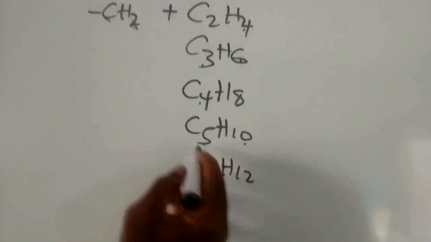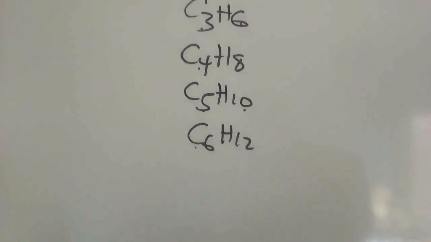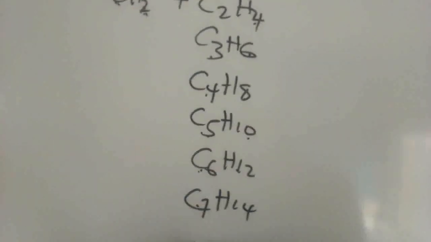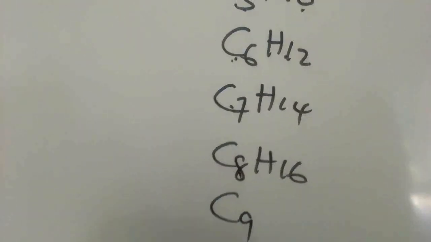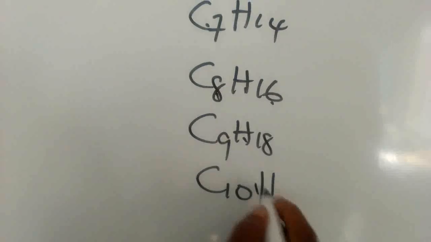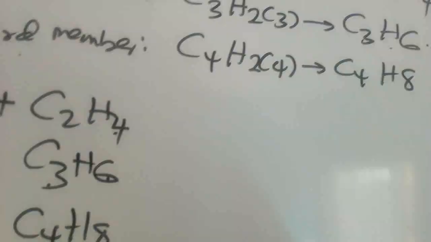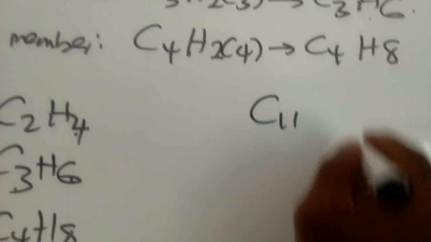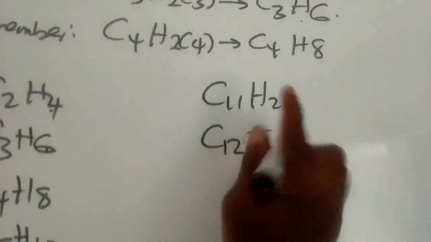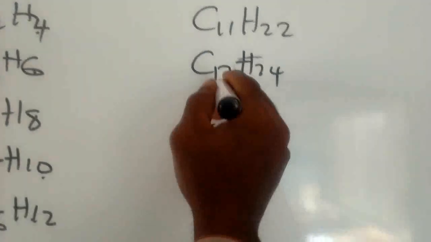We keep on adding 1 carbon to each carbon and adding 2 hydrogen to each hydrogen count. 1 plus 6 gives us 7, adding 2 here, 14. 1 plus 7 gives us 8, adding 2 here, 16. 1 plus 8 gives us 9, adding 2 here, 18. 1 plus 9, 10, 2 plus 18, 20. 1 plus 10, 11, then 2 plus 20, 22. 1 plus 11, 12, 2 plus 22 gives us 24. 1 plus 12, 13, that gives us 26. 1 plus this one gives us 14.